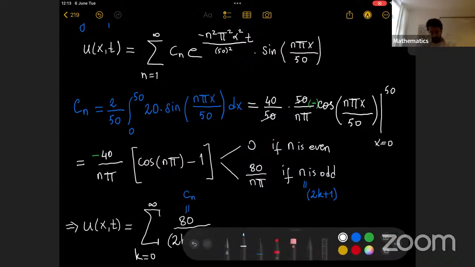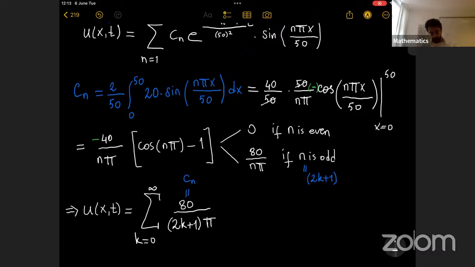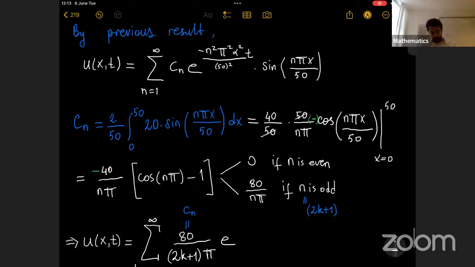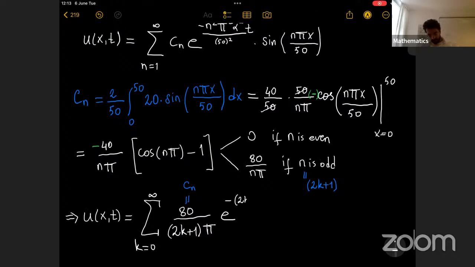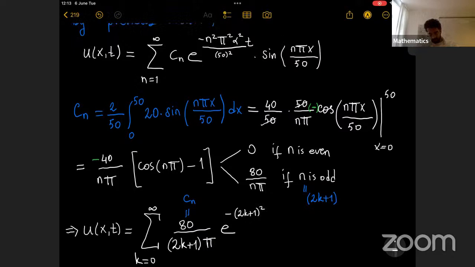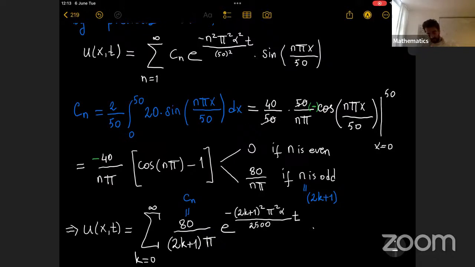Now let's continue with the rest. e to the minus (2k+1)² π² α² over 50², which is 2,500, times t, times the sine part, sine((2k+1)πx/50), where 2k+1 is n.